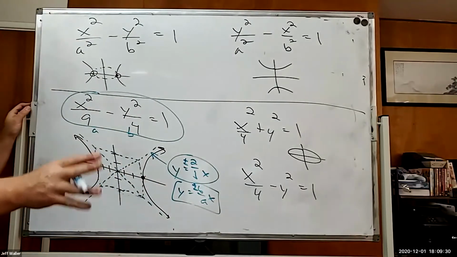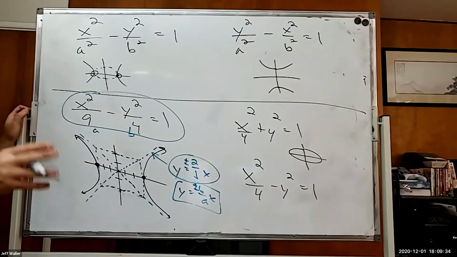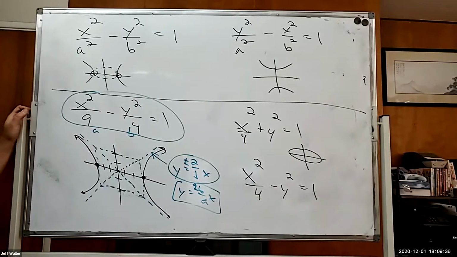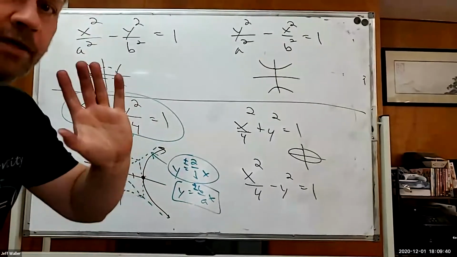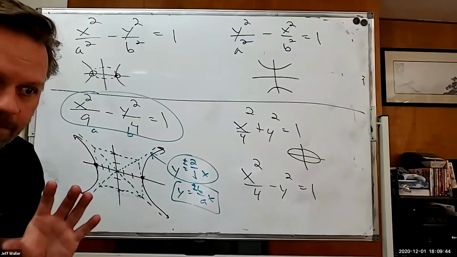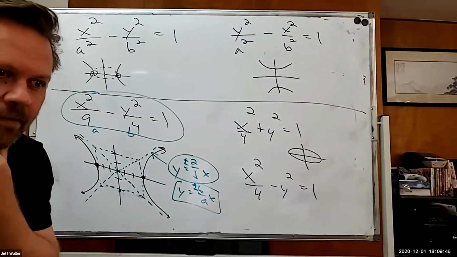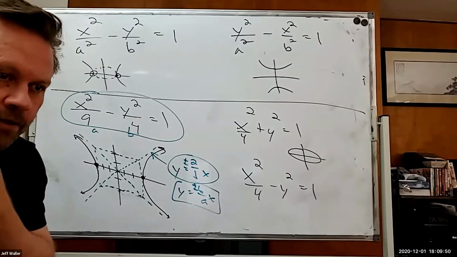What do asymptotes mean? How do I figure out the asymptotes for a given, and not vertical, there are no vertical asymptotes. How do I figure out these slant asymptotes? How do I do that? You can do it. I know you can do this.